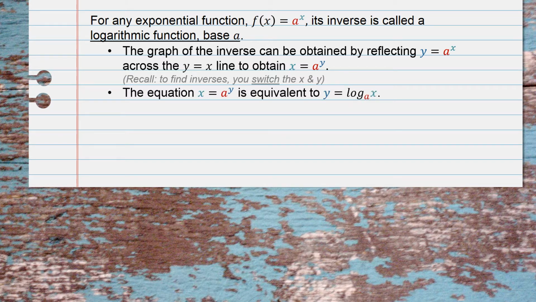The equation x equals a to the y is equivalent to y equals log base a of x, according to the log definition. The inverse of f of x equals a to the x is the notation f inverse x equals log base a of x. Let's look a little closer at this relationship.